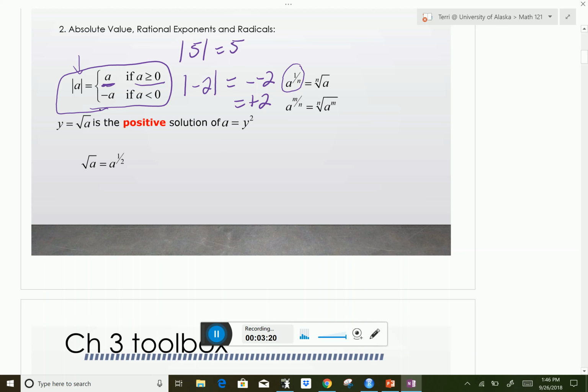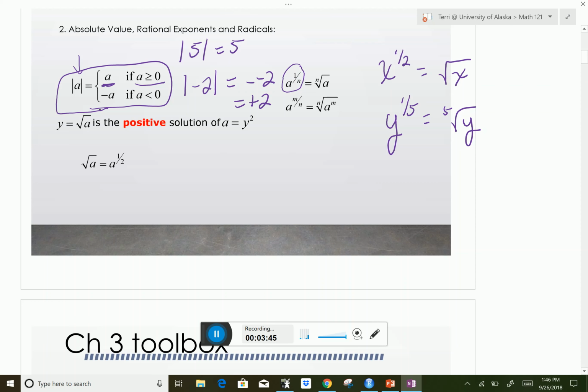And then the other thing is fractional exponents. This is another one that's really super important for calculus. So if I have x to the 1/2 power, that is the same as the square root of x. If I have, let's say, y to the 1/5 power, that's the 5th root of y.